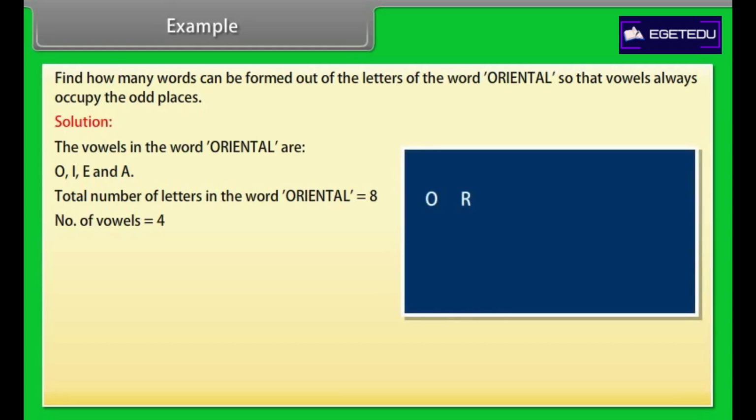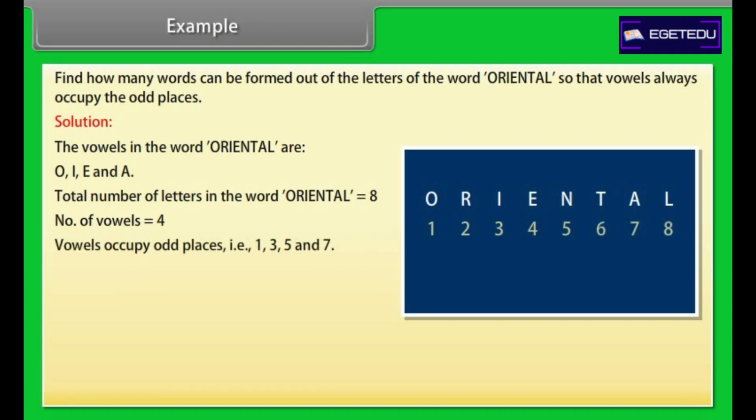O, R, I, E, N, T, A, L, placed at 1, 2, 3, 4, 5, 6, 7, 8. Vowels occupy odd places, that is 1, 3, 5 and 7. Number of odd places is equal to 4.